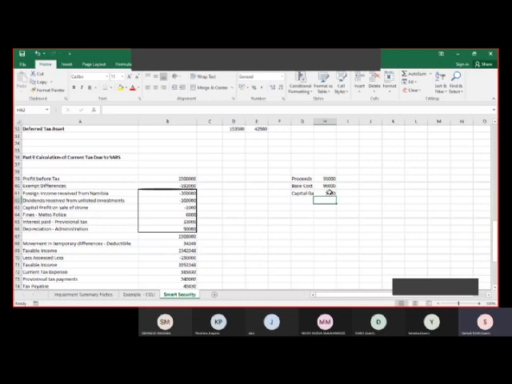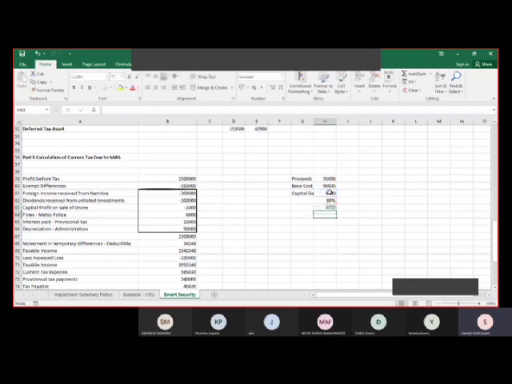How much of this capital gain is included to be taxed? The 80%. So when we take 80% of the 5,000, it's 4,000.